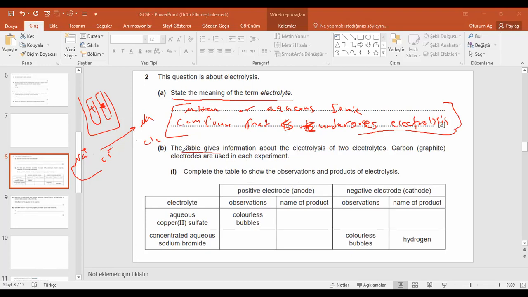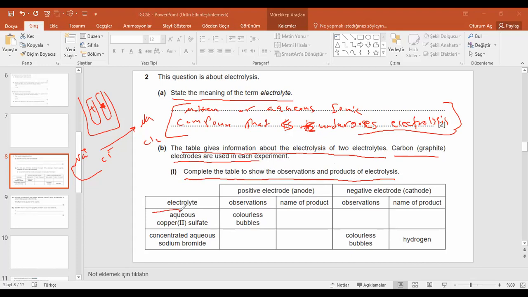So next question, the table gives information about the electrolysis of two electrolytes. Carbon graphite electrodes are used as inert electrodes. Complete the table of observation and the products of electrolysis.